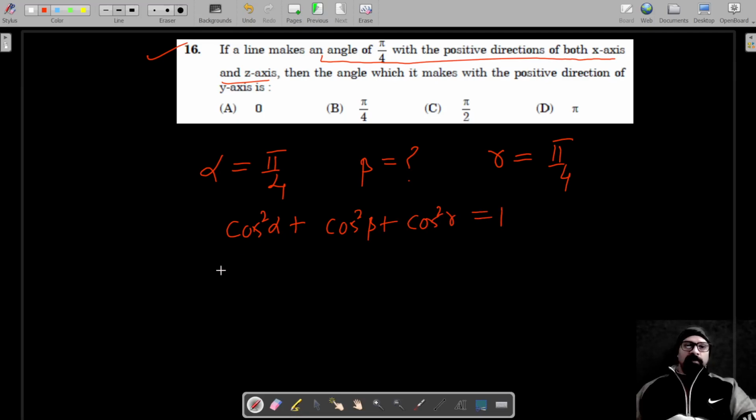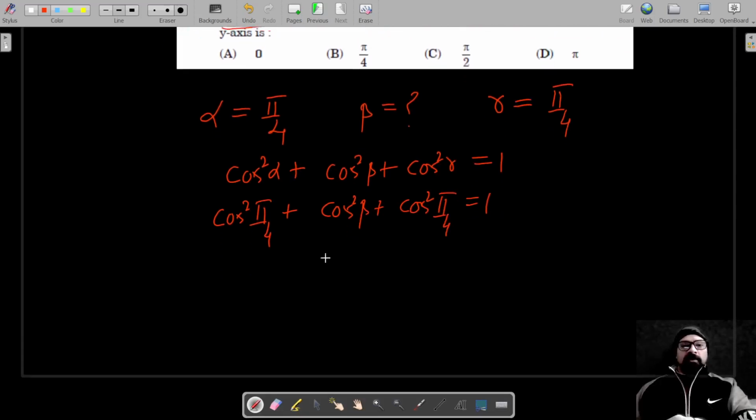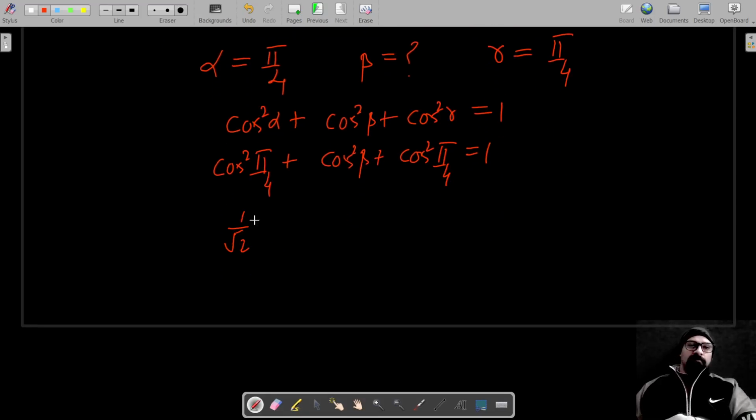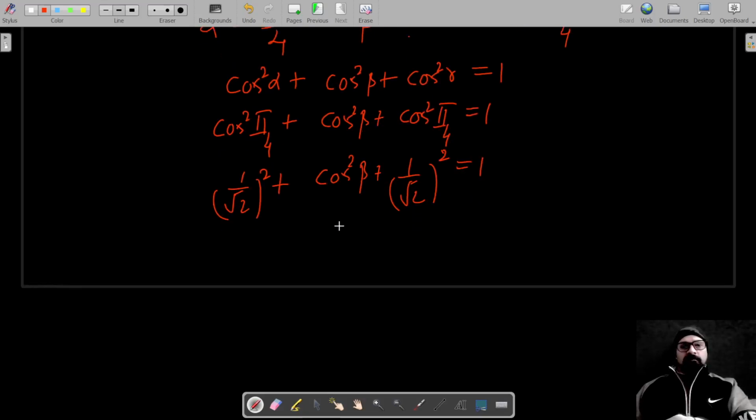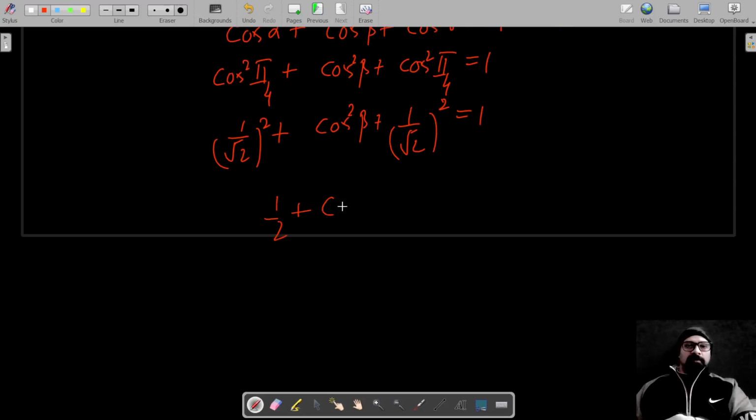So cos square alpha is cos square pi by 4, plus cos square beta, plus cos square pi by 4, is equal to 1. Now cos pi by 4 is 1 by root 2, so the square is half. So half plus cos square beta plus half is equal to 1.